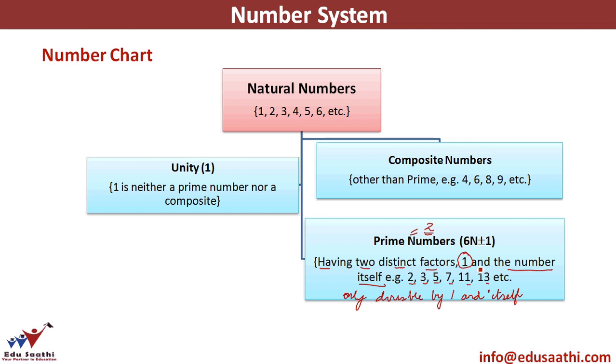Numbers which have more than 2 factors, so other than prime, I can say a number which has more than 2 factors, would be known as composite numbers. That means the minimum number of factors for a composite number has to be 3.